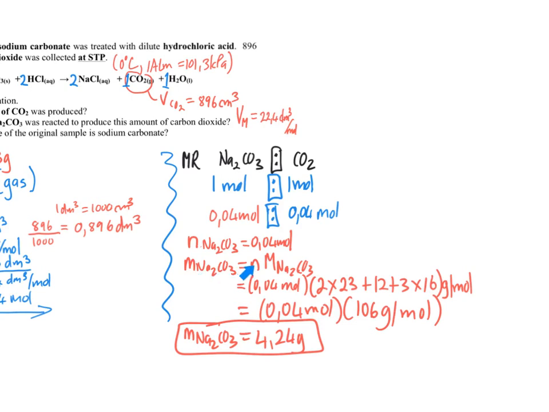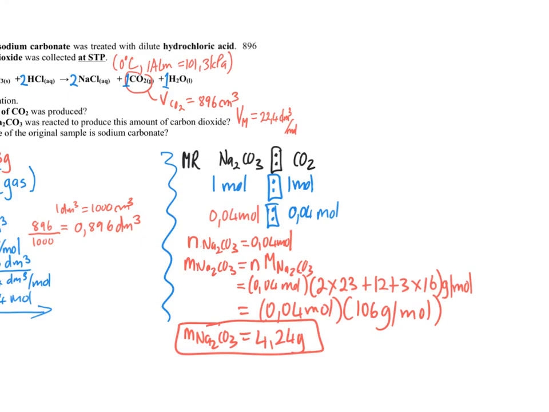The mass would be the number of moles times the molar mass. The molar mass of sodium carbonate is 2 times 23 plus 12 for carbon plus 3 times 16 for oxygen, which gives us a molar mass of 106 grams per mole for sodium carbonate, times the 0.04 moles gives us 4.24 grams of sodium carbonate.